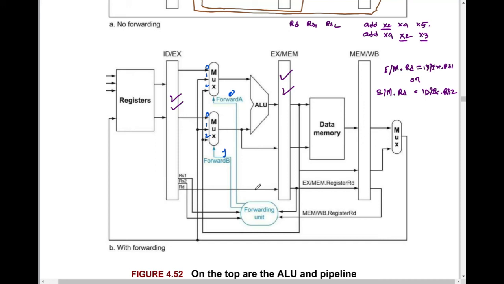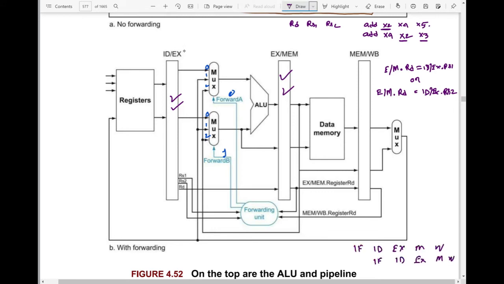Because this add instruction, assume the execution stage of the second instruction. I have written this fetch, decode, execution pipeline diagram many times, so let me write it again here. You can see at the bottom I have written it.